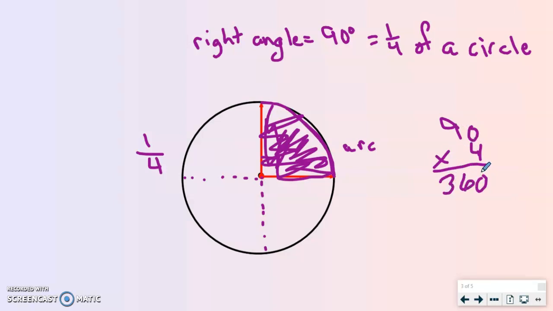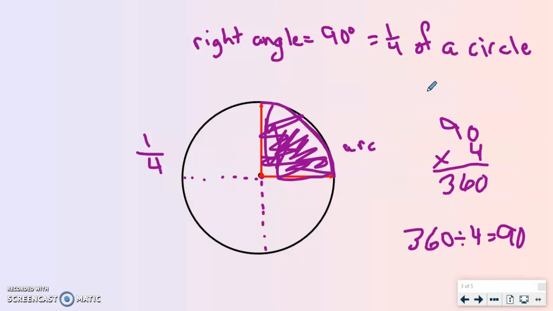So it does, in fact, equal 360 degrees. And the opposite can be said as well. If I had 360 degrees and divided it by 4, then I would get 90. The numbers just add up, right? 90 degrees is a fourth of a circle. If I had 4 90-degree angles, I would have a complete circle.